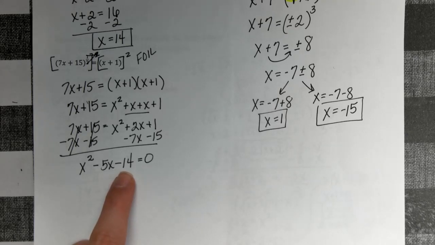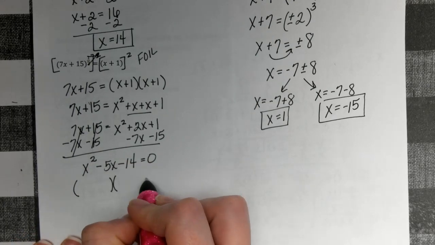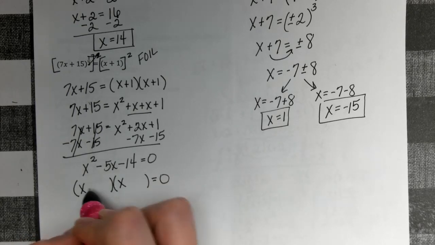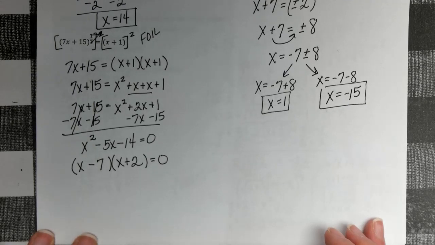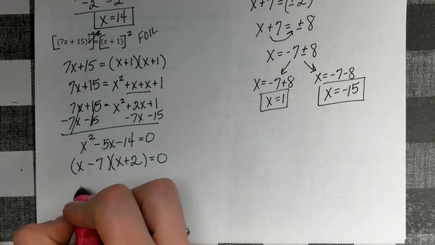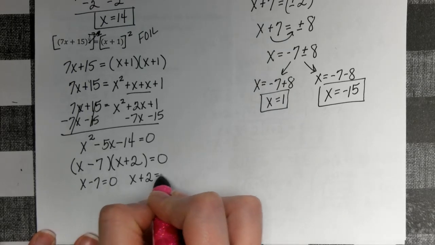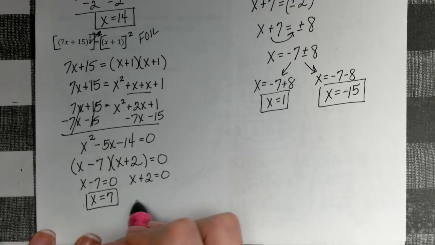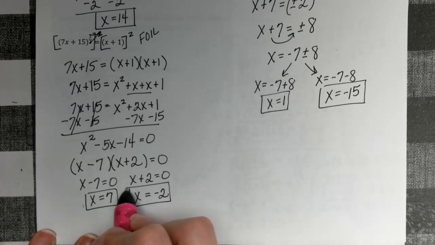Subtract, because they're different signs. So my two factors, that will give me a 5. Which one's positive, which one's negative? Very good. So x minus 7 equals 0. X plus 2 equals 0. X equals 7. And x equals negative 2.